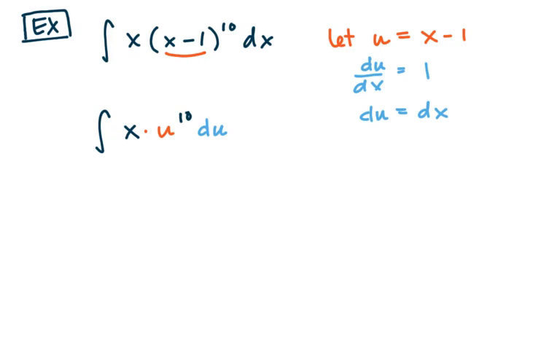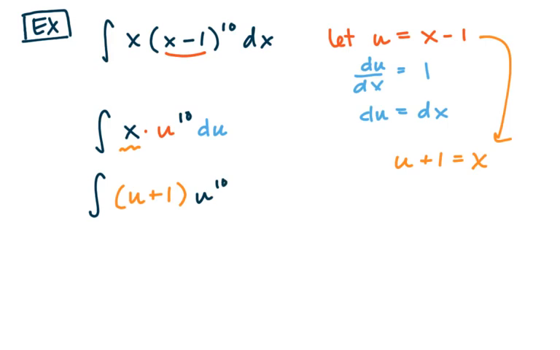One thing that I can do would be I will rearrange u and say that u plus 1 equals x. So I can sub in for x here u plus 1. And that gives me u plus 1 times u to the 10th du.